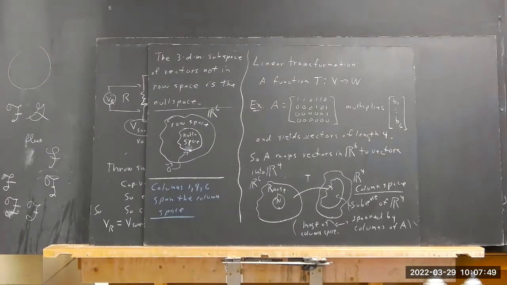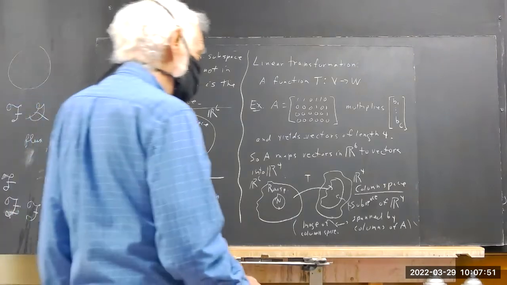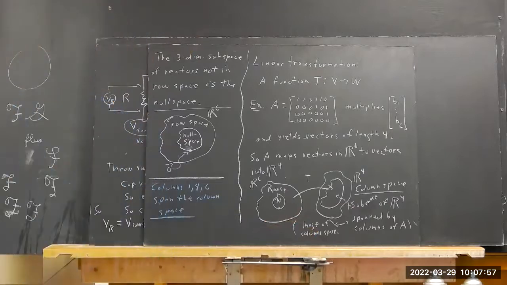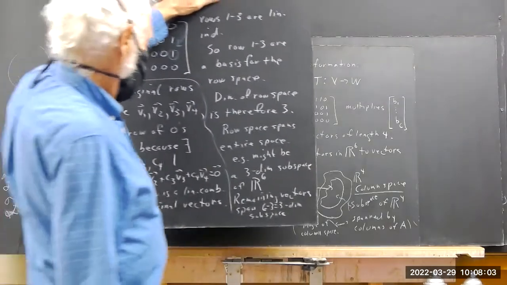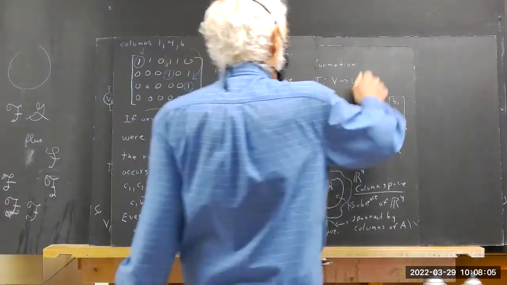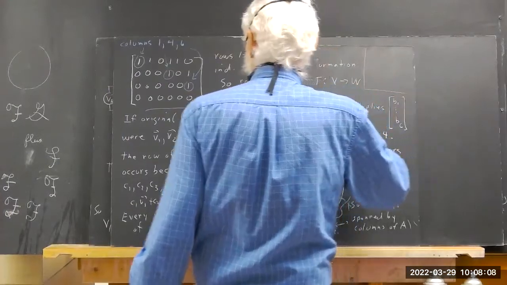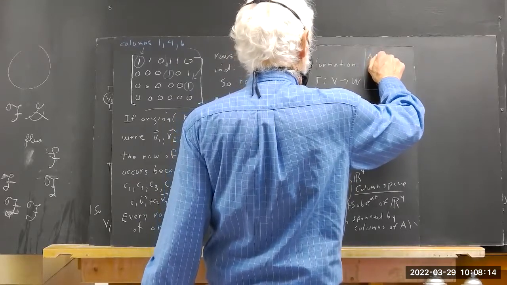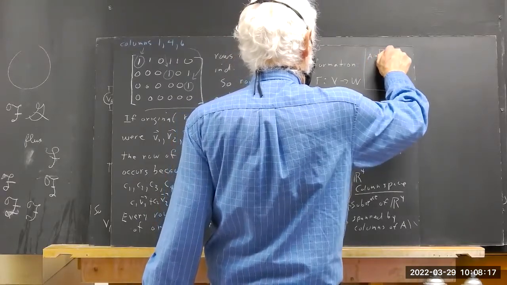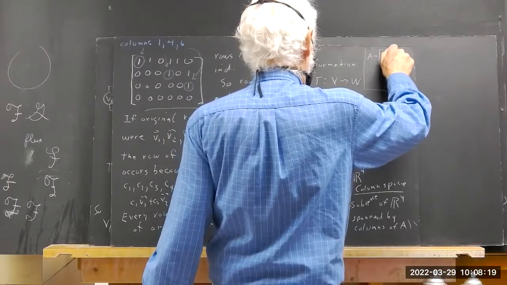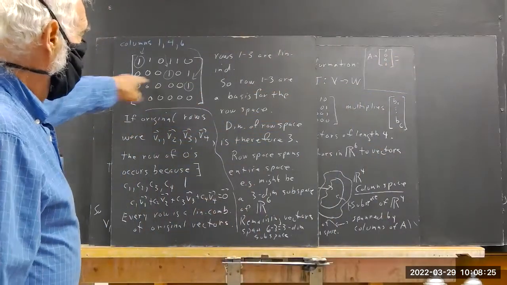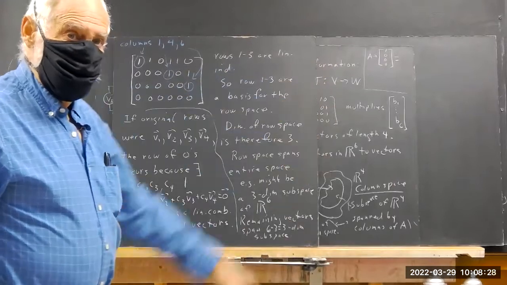Now, just briefly, as an aside, why do the columns all appear over here? Well, maybe I better get my picture back again. Well, here's your matrix A. What do you get if you multiply by 1 0 0 0?